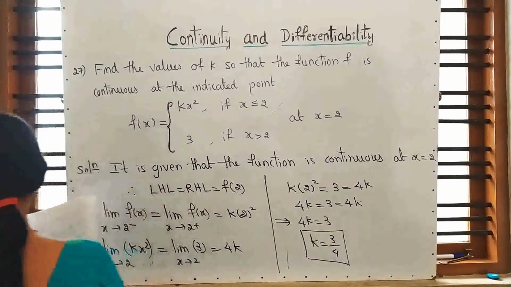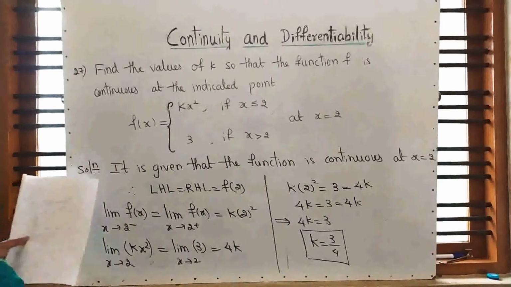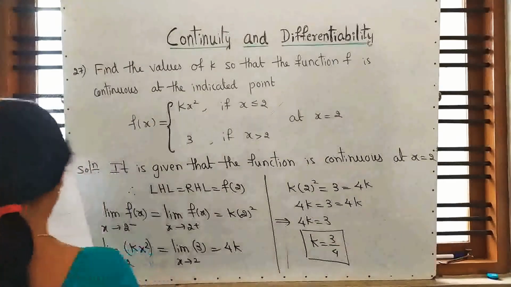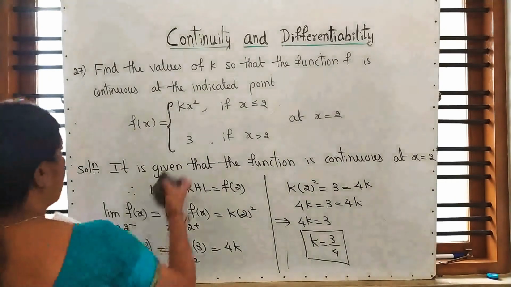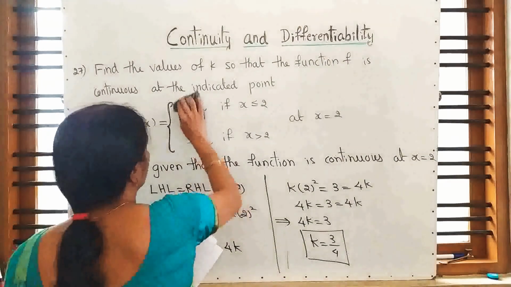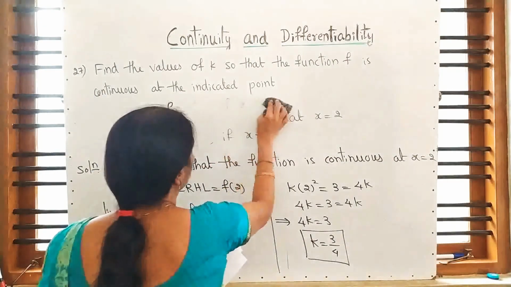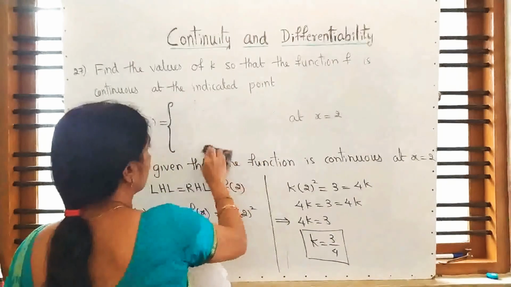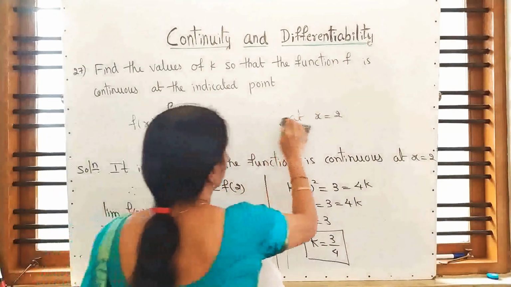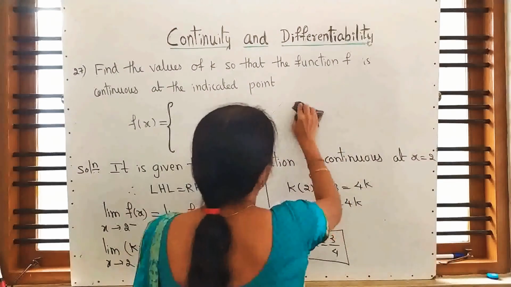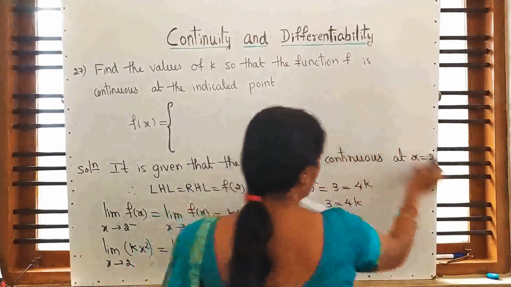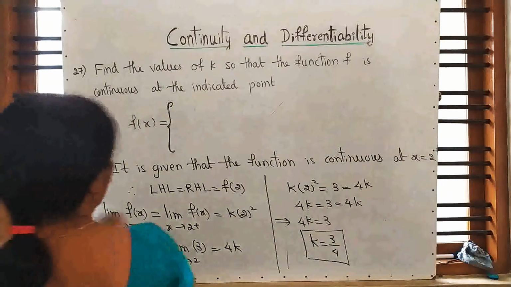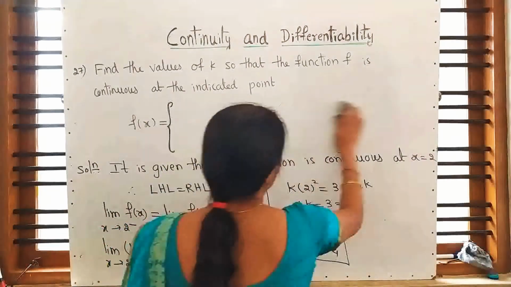Moving to the next question. Same. Find the values of k so that the function f is continuous at the indicated point. The problem is different. I am just writing the problem.